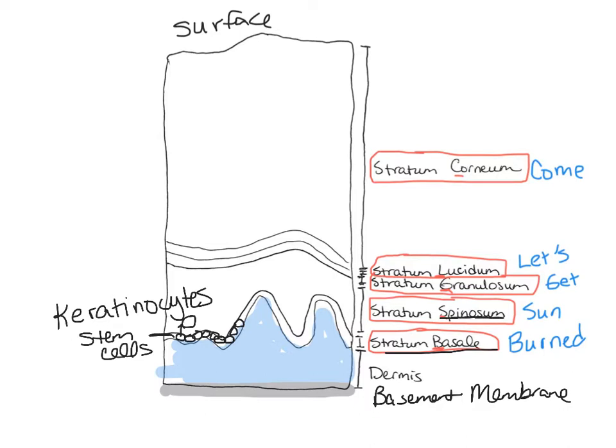Spinosum sounds like a spine. So where did we hear spiny when we were talking about cells? Do you remember the description? Right, so we were talking about that when a cell loses water, it gets spiny. So that's what happens in the stratum spinosum layer. This cell is going to start to lose water and it's going to get real spiny.